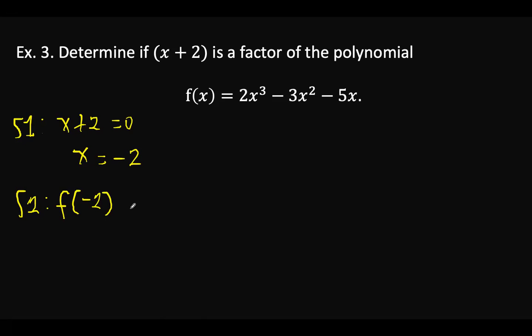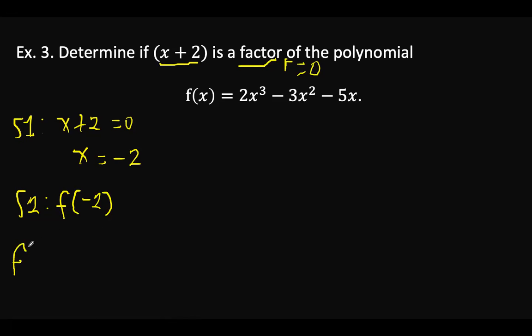Now, i-try natin, i-check natin kung si x plus 2 daw ba ay factor ng polynomial o hindi. Kailan nga natin malalaman kung factor ito? Magiging factor siya if the remainder is 0. Okay? Otherwise, hindi na siya factor. Kung ang remainder niya ay hindi 0, hindi siya factor ng f of x. So, substitute na natin.